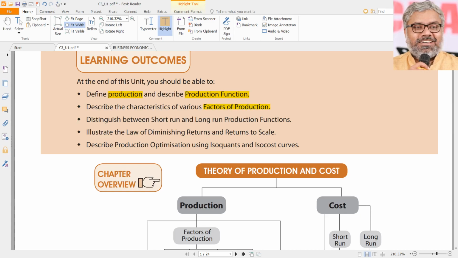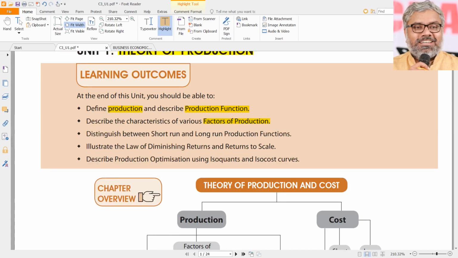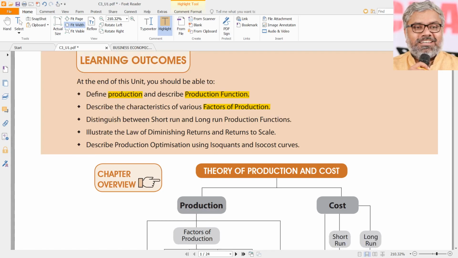As we know, there are many factors of production like land, labor, capital, organization, and what are those characteristics of those factors of production we will discuss in this chapter, and also distinguish between short run and long run production functions. So this is the real technical aspect related to the production theory.